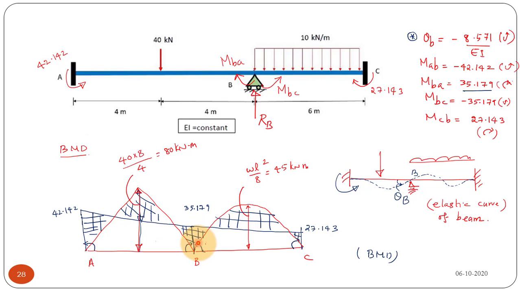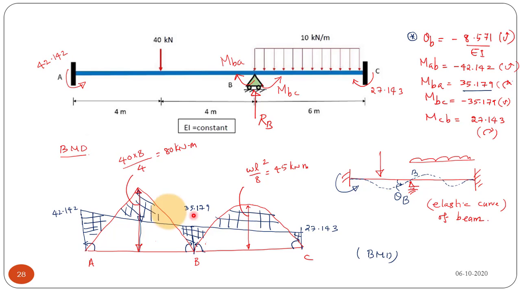While drawing the moment diagram, first you draw the moment diagram due to the final end moments. That is the blue color, that is a negative moment, and then you draw the moment due to the loading. This red color moment: here we have a point load, so the load moment diagram will be triangular, and here we have a uniformly distributed load, so the moment diagram will be parabolic. The red color moment due to loading will be the sagging moment, and the blue color moment will be the hogging moment.